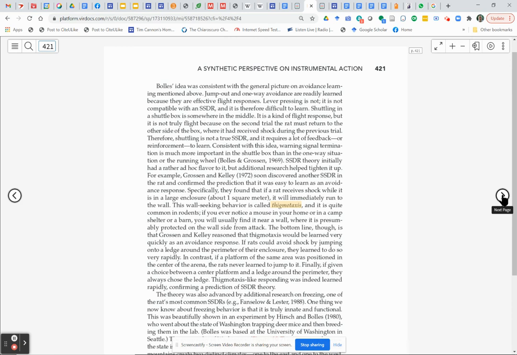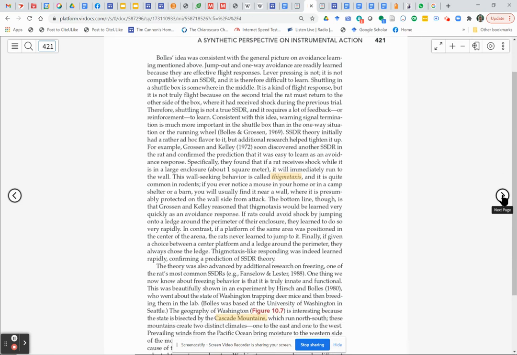In a restaurant or a bar, you'll find people tend to populate the walls so their backs are protected and they can see the rest of the room. Public spaces are often used in this way too. So thigmotaxis and SSDR go together very nicely.